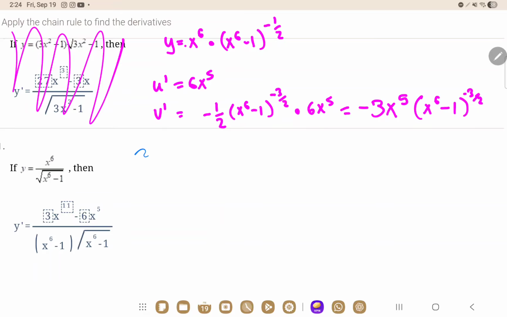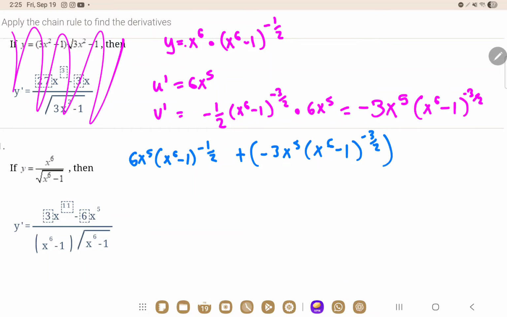Part 2, we're going to do 6x^5 into v, which is x^6 minus 1 into negative half, plus our v prime, which is negative 3x^5 into x^6 minus 1 to the power of negative 3 over 2 times x^6.